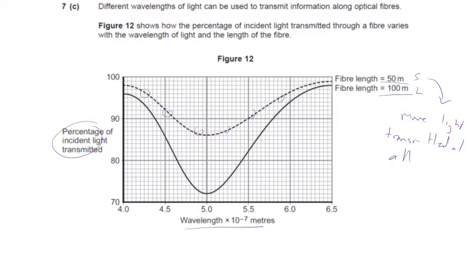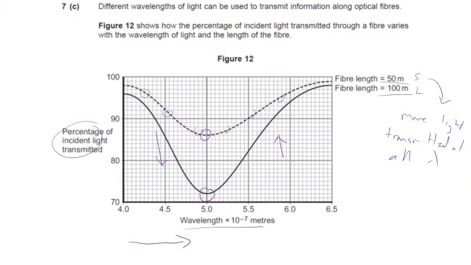at all wavelengths. It's also clear from looking at the graph that as wavelength increases, the percentage of light transmitted initially decreases and then increases again. And the minimum amount of light transmitted for both the short and the long fibre is at 5 times 10 to the minus 7 metres.